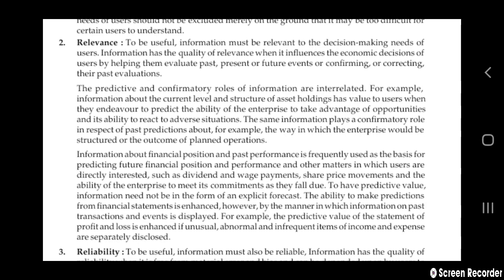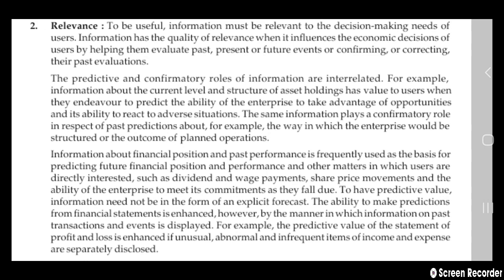By confirming or correcting their past evaluations, the predictive and confirmatory roles of information are interrelated. For example, information about the current level and structure of asset holdings has value to users when they endeavor to predict the ability of the enterprise to take advantage of opportunities, and also its ability to react to adverse situations.